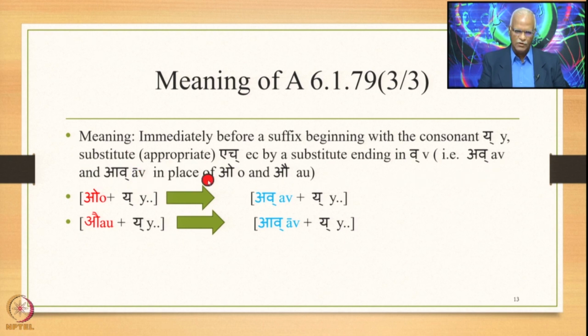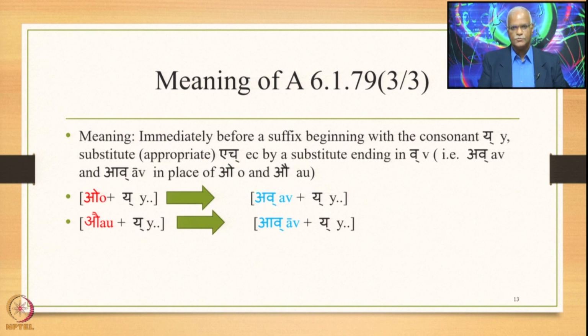They should come in place of o and au, which are part of h, and these av and au are the only two substitutes that end in v, and they are the substitutes which come in place of only o and au respectively. So this particular sutra applies to o and au and not a and i, which is also part of h. This is clear because of the word vanta, which means a substitute ending in v. Now the substitute ending in v can come in place of only o and au and not in place of a and i.